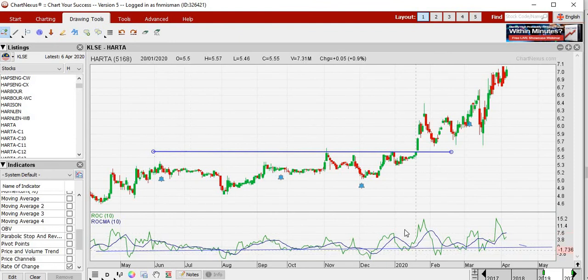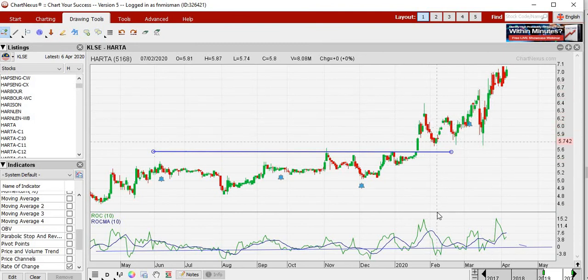But when the price starts to reverse from a sideways to an uptrend, we can see a spike in the ROC value, so it's mirroring the price movement.